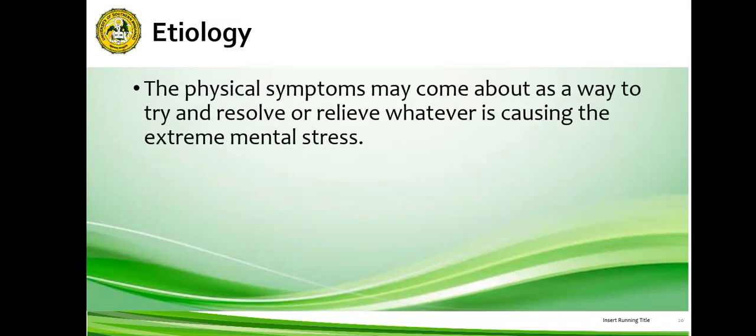So the physical symptoms may come about as a way to try and resolve or relieve whatever is causing the extreme mental stress. For example, a police officer or a soldier who experiences mental trauma from the thought of shooting and possibly killing someone may have paralysis in his hands.